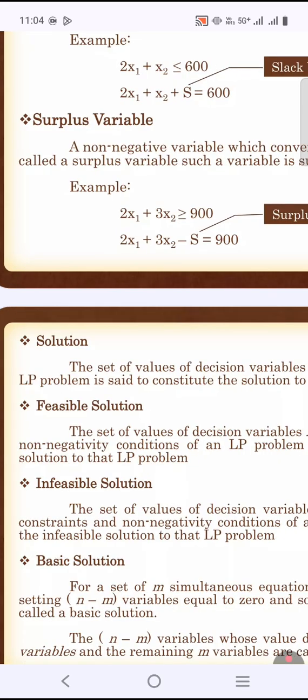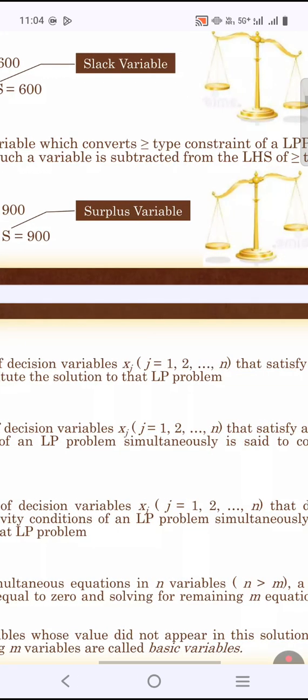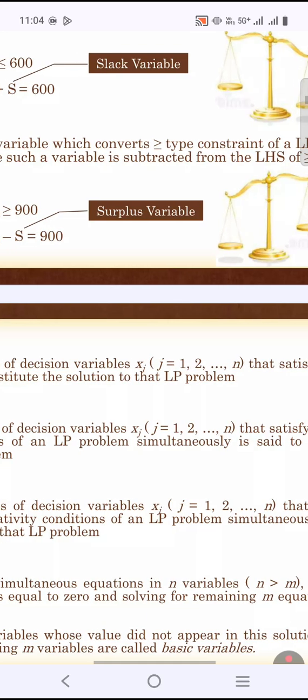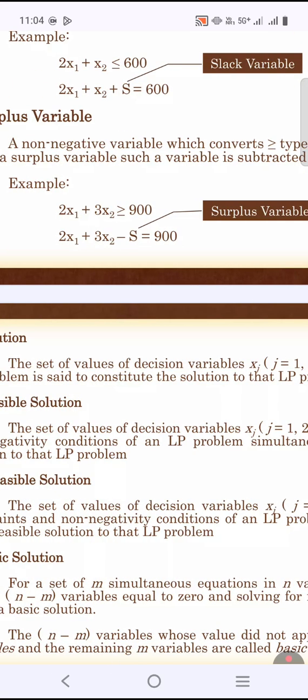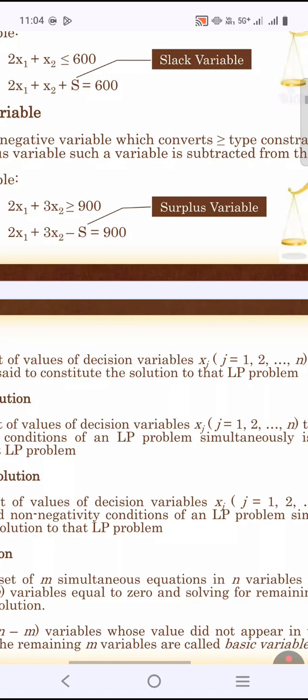For example, 2x1 plus 3x2 greater than or equal to 900 becomes 2x1 plus 3x2 minus s equal to 900, and this s is the surplus variable.